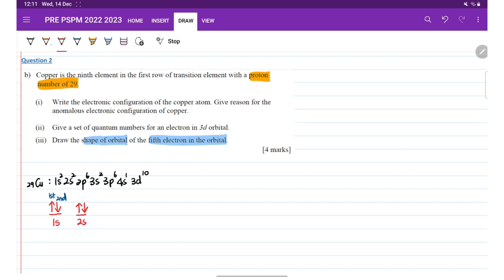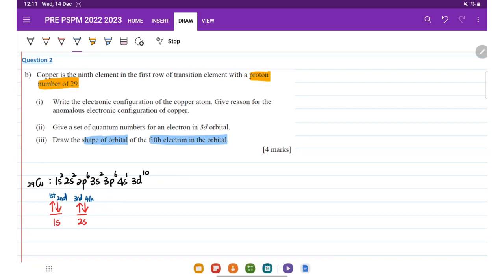So here we will have the third electron and the fourth electron. So that means the fifth electron will be in the next orbital, which is the 2p orbital. So 2p here. So this is the fifth electron. And so on, 6, 7, if we want to write the full orbital diagram.